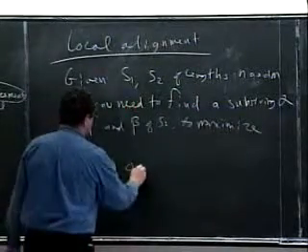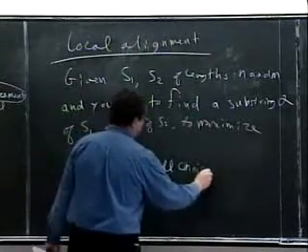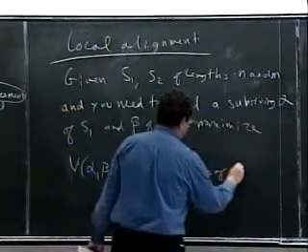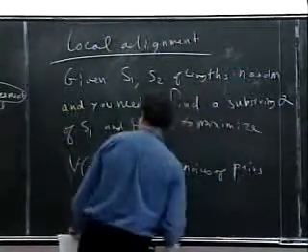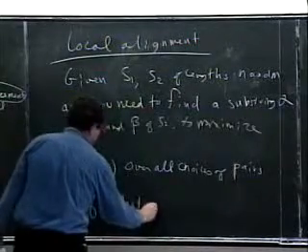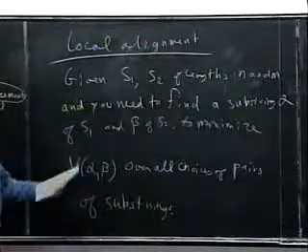Maximize that over all choices of pairs of substrings, one from S1 and one from S2.